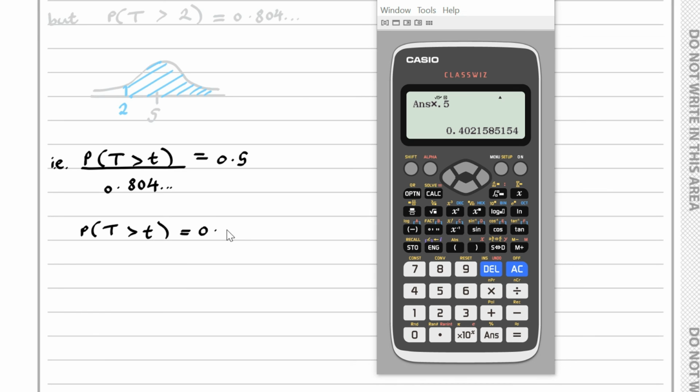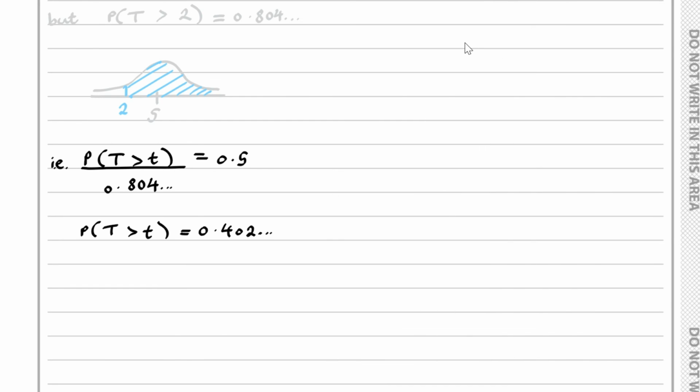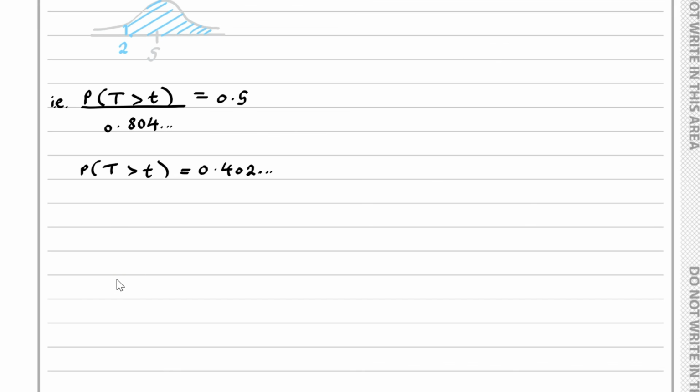So here we get 0.402, etc. What we can now do is, again, sketch out a diagram to help visualize what's going on. We've got a normal over here, something like this. We've got our mean of 5, and here we've got some value of t, and we're looking at where t is greater than t, and all this is equal to 0.402. So this over here is equal to 0.402, etc.